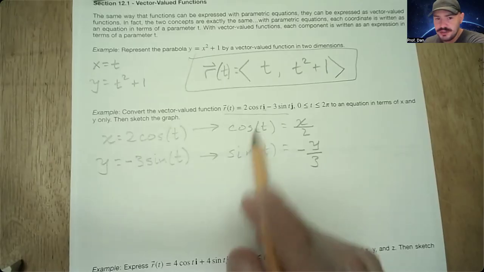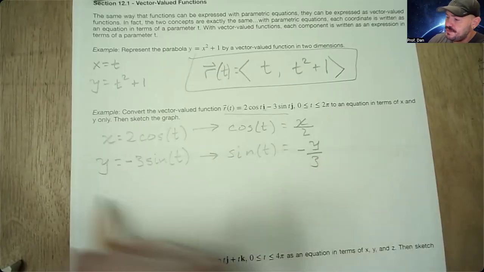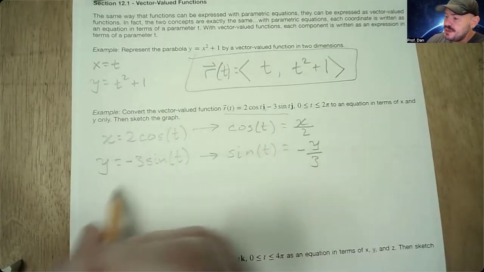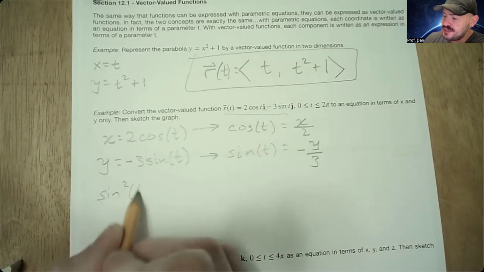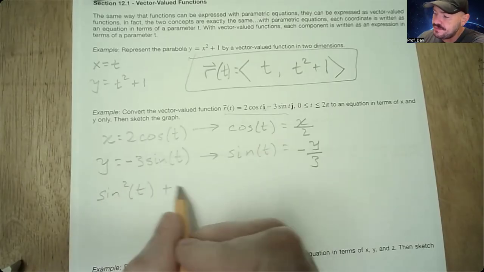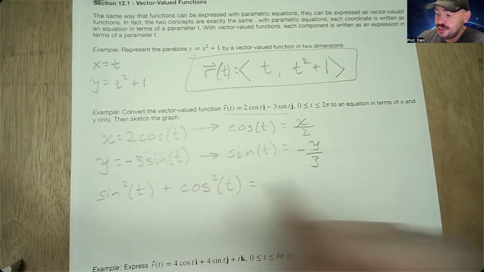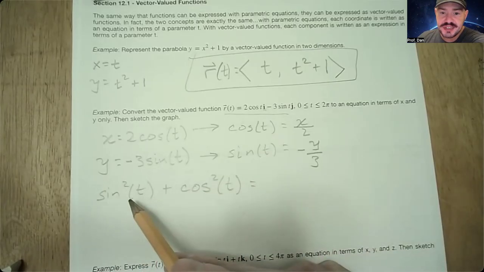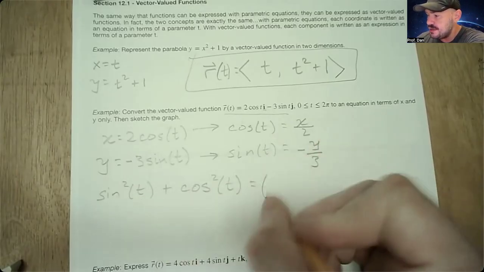All right, for this one though, there's an opportunity here to use some trig identities. So I know that sine squared t plus cosine squared t is equal to 1. I also know that I can express sine squared t as negative y over 3 squared.